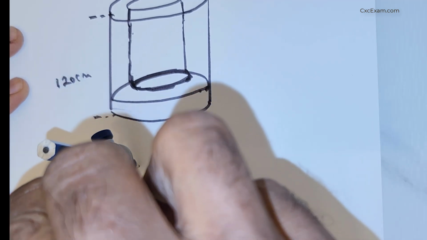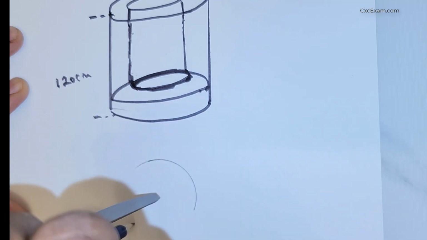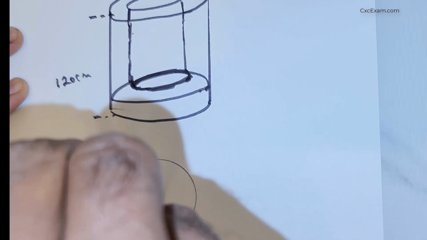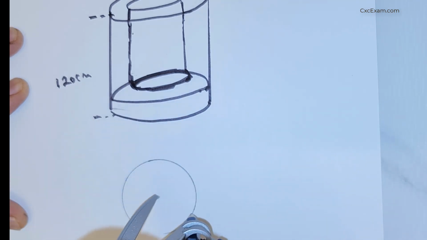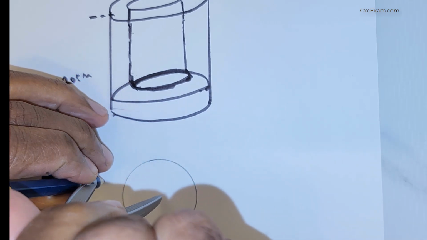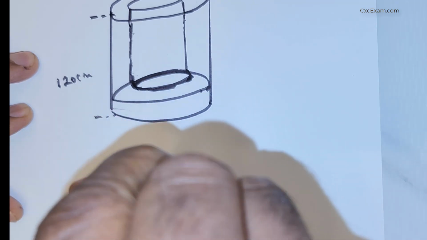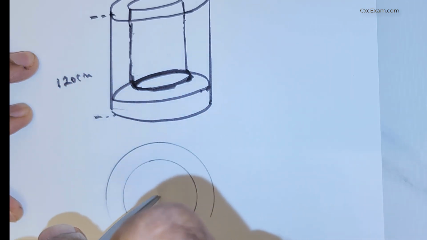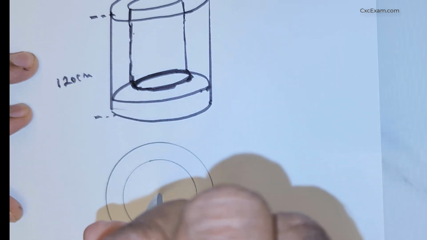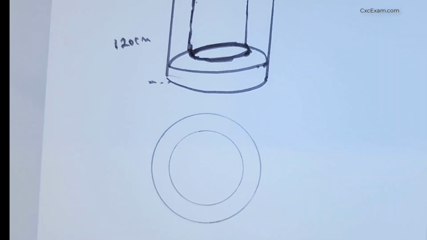There are two diameters involved, the inner diameter and the outer. It's better that you use this instrument, the compass, in getting the cross-section correct.